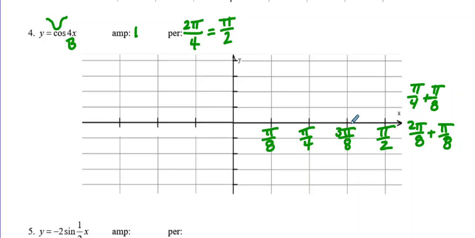My amplitude did not change, so my amplitude is still 1, and this is going to be negative 1 here. So cosine, remember, starts up, midline, down, midline, up. Up, midline, down, midline, up. And draw a nice curve. And you can continue that.